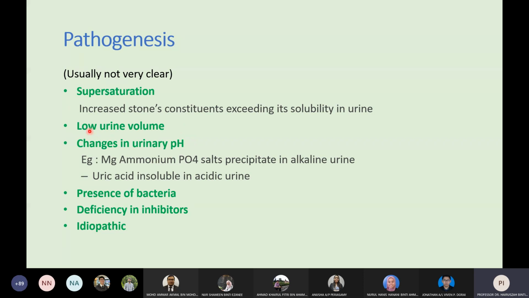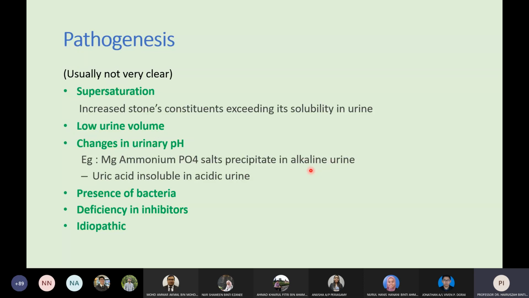Okay, this is low urine volume. This is what I just described. It's more common during the fasting month, because people take less water and have a lower urine volume than normal. Of course, there are other factors like changes in urine pH, where stones can precipitate in alkaline urine.